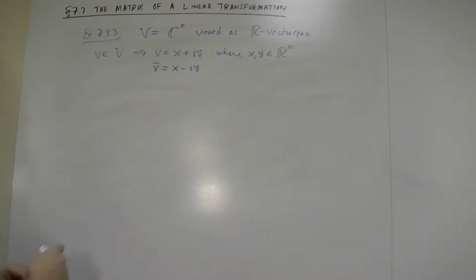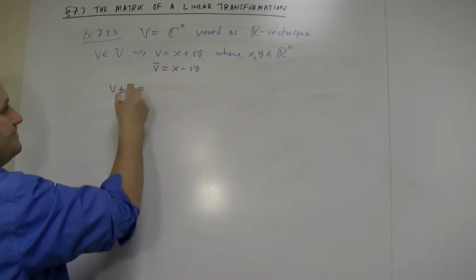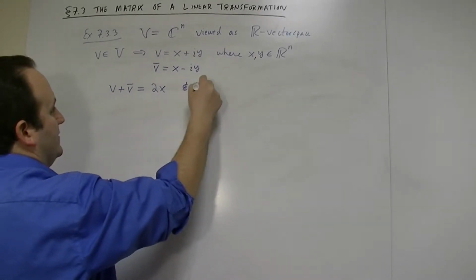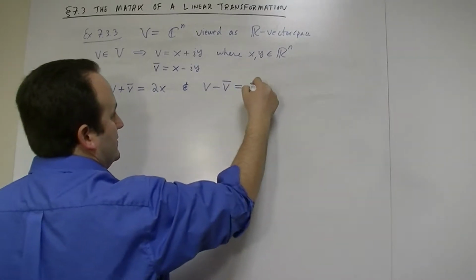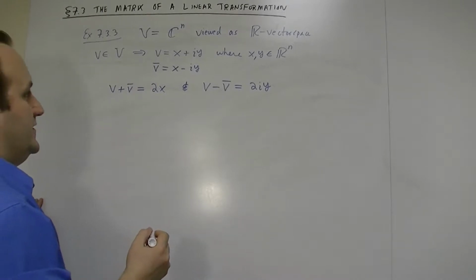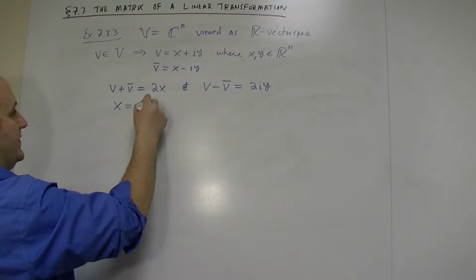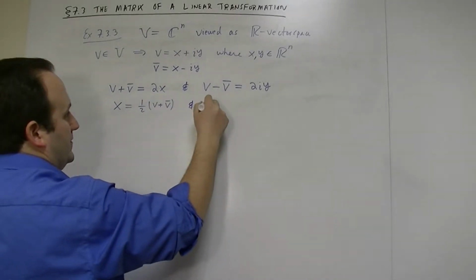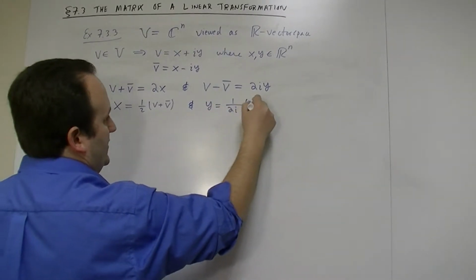Okay, so if I look at v plus v bar, what do I get? I get 2x, yeah. And if I look at v minus v conjugate, I get 2iy, right? So this suggests to me then that x is equal to 1/2 of v plus v bar, and y is 1/(2i) times v minus v bar.